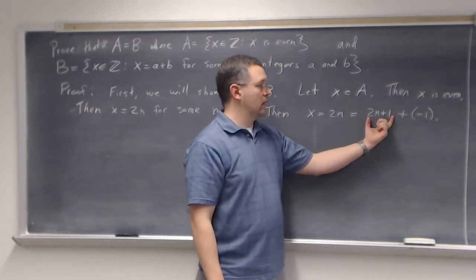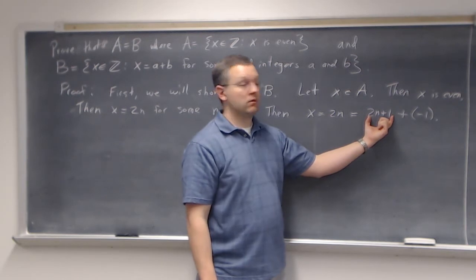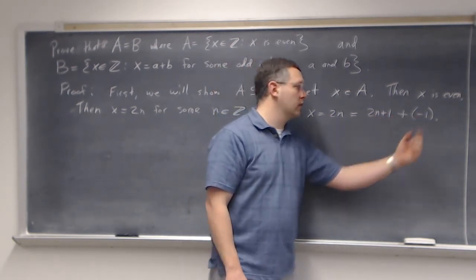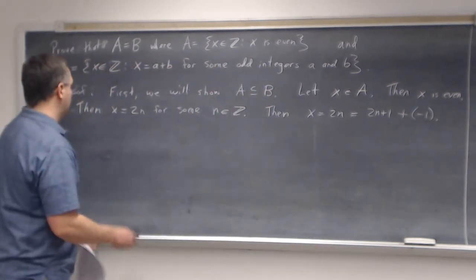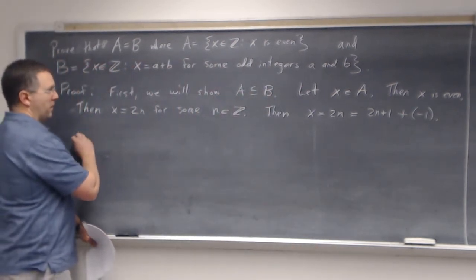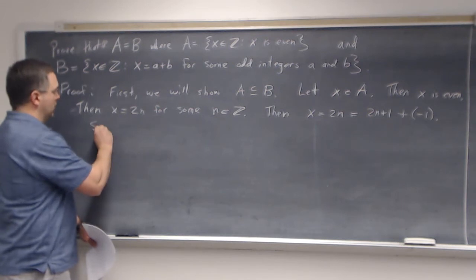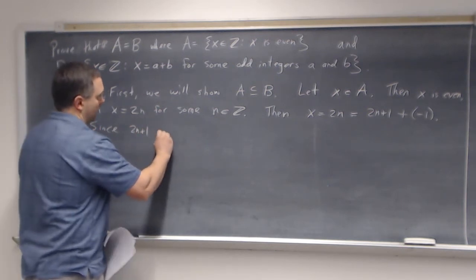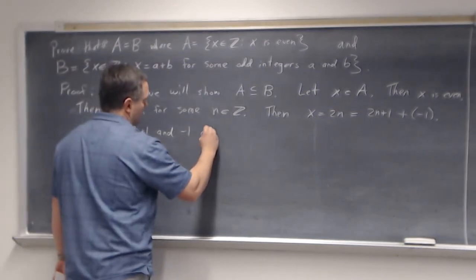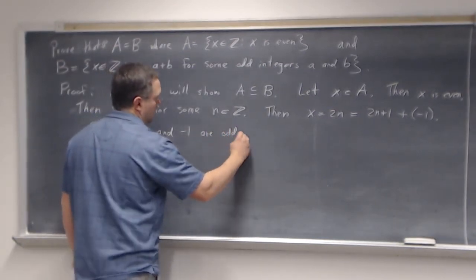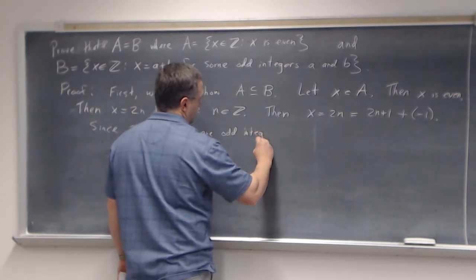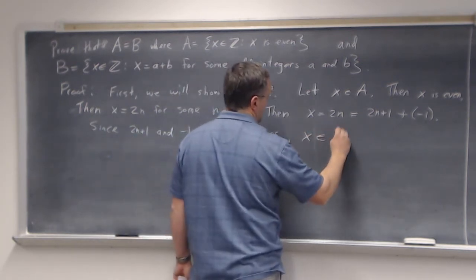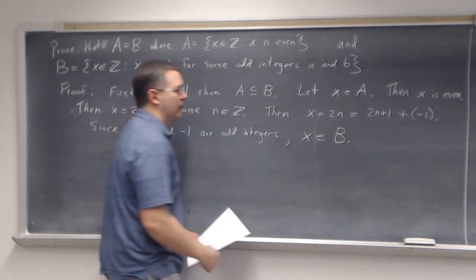Okay? Clearly 2n plus 1 is odd. We know negative 1 is odd. Do I need to say that? Do I need to prove that negative 1 is odd? So since 2n plus 1 and negative 1 are odd integers, x is an element of B. I don't really need to restate that.